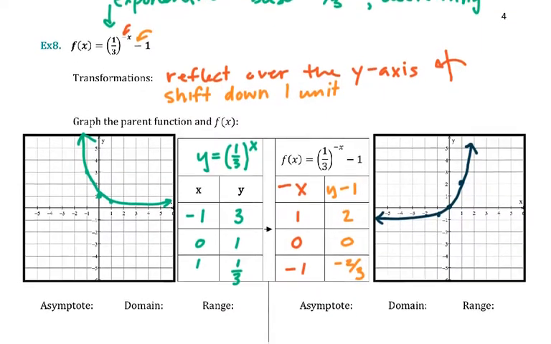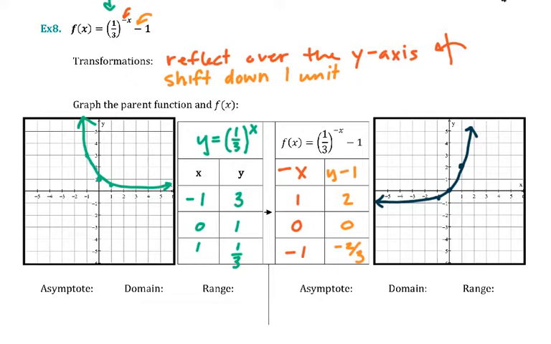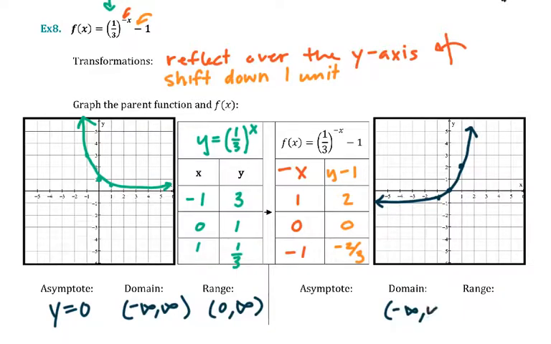So what does that do? Originally, our asymptote for this function, we had a horizontal asymptote at y equals 0. The domain was all real numbers, and the range was 0 to infinity. But what did those transformations do to change that asymptote and domain and range? Well, the domain is still -infinity to infinity, but we shifted down 1 unit.